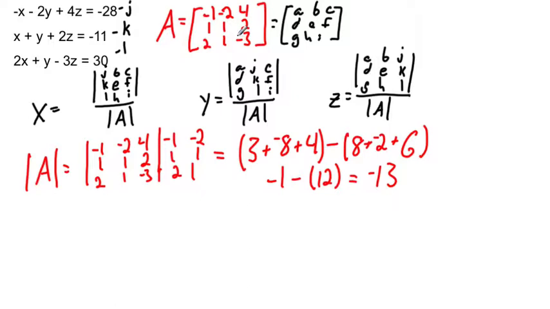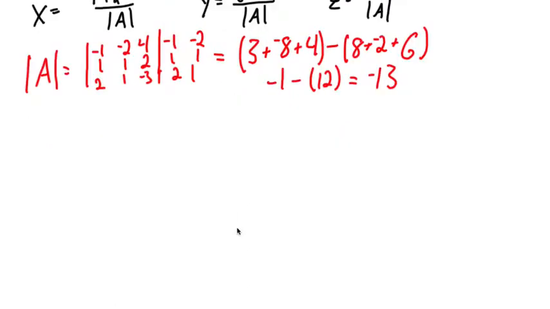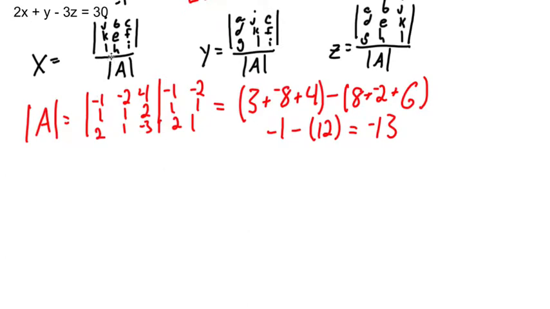Now what I can do is move on to the next determinant that I have to solve. So I can look at my numerator for x in Cramer's rule, and I can solve that. So let's find it.